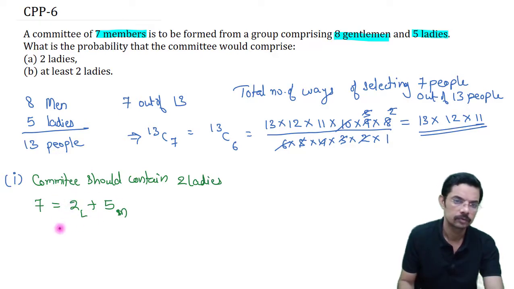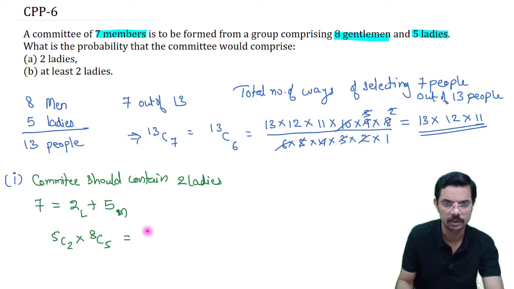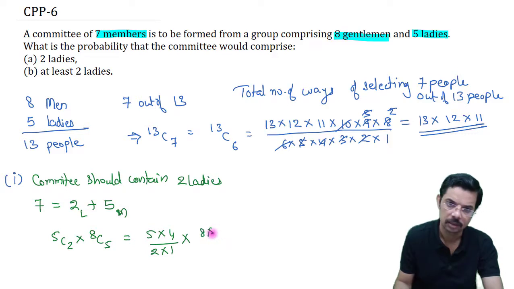This can be done in, say, 2 ladies out of 5 ladies, so it is 5C2, into 5 men out of 8, which is 8C5. This can be further simplified. 5C2 is 5 into 4 divided by 2 into 1, multiplied by 8C5, which is equal to 8C3, which is 8 into 7 into 6 divided by 3 into 2 into 1.